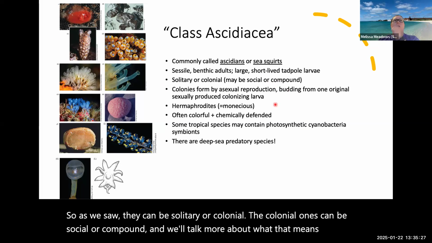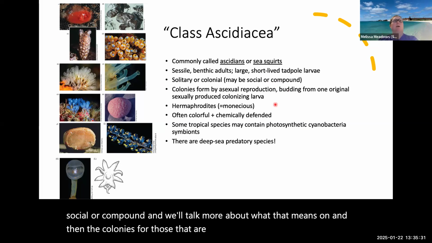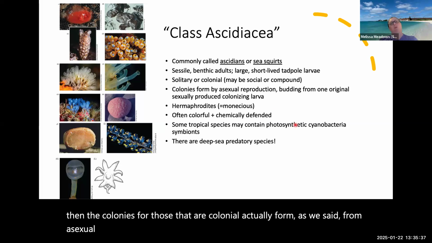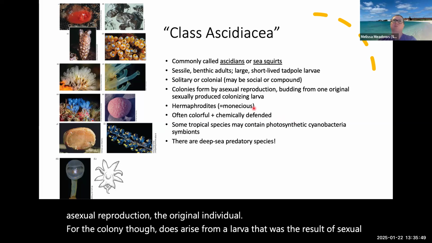And then the colonies, for those that are colonial, actually form, as we said, from asexual reproduction. The original individual for the colony, though, does arise from a larva that was the result of sexual reproduction.